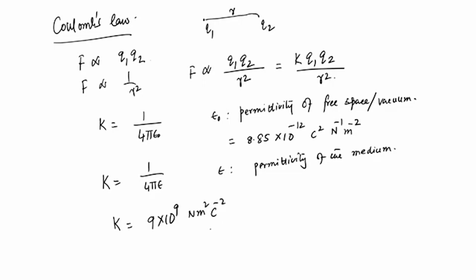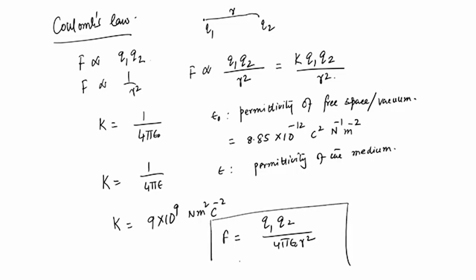Combining these, we can write down Coulomb's law, which is equal to q1 q2 divided by 4 pi epsilon 0 r square, and once again r is the distance between the two charges. But this is only part of the story because force has to be a vector. So we have to put a vector sign, and if we do it for the left hand side, we have to do it for the right hand side as well.